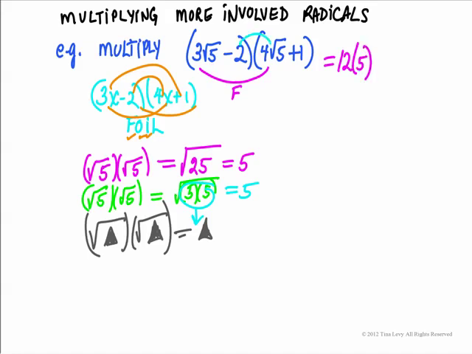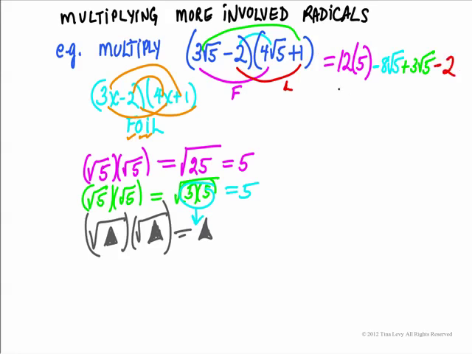Now doing the inner, I have negative 2 times 4. They're outside of jail, so negative 2 times 4, negative 8 times radical 5. And now 3 radical 5 times 1 is just 3 radical 5. And then my last term, negative 2 times 1 is negative 2.